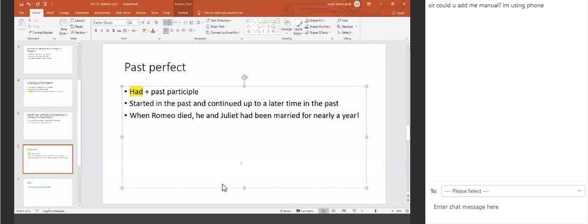It started in the past and continued up until somewhere. Can you imagine? It started in the past and it continued for a while until it stopped in the past as well. So this is what we call past perfect tense.